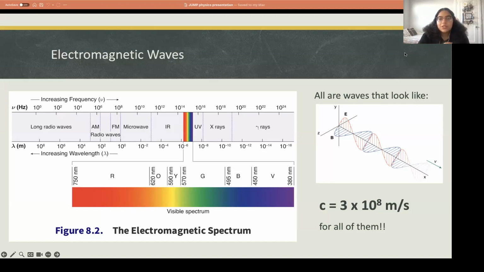It's also important to note that these waves all move at 3 times 10 to the 8 meters per second. That's the speed of light, and C is the constant for that. For all of these different types of waves, the speed of light is 3 times 10 to the 8 meters per second. It's a good constant to know.